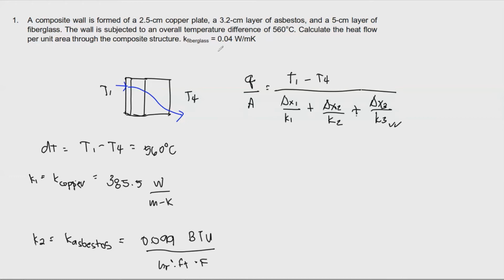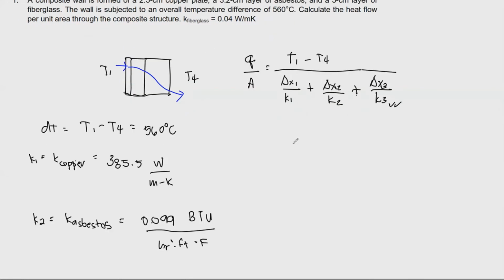So now we can simply solve for our Q over A. In this case, let's try solving it. Q over A is equal to the change in temperature, which is 560 degrees Celsius, divided by, first, delta X sub 1, which is the copper plate, and the copper plate is 2.5 cm.